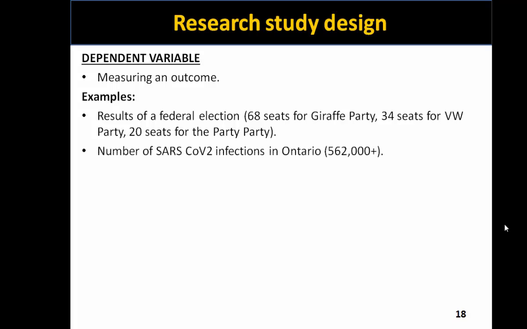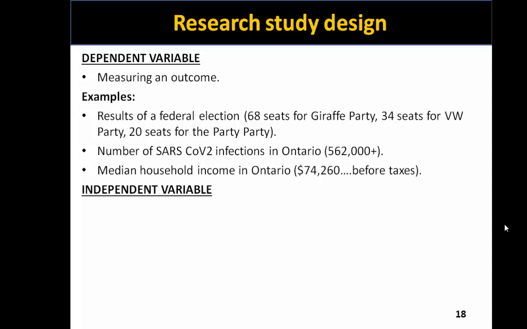The number of SARS-CoV-2 infections in Ontario during the present pandemic is over 562,000 cases. So the number there is the final number. That is the number of interest that we're after. The median household income in Ontario is approximately $74,000 before taxes. And so that's where the number stops in terms of the information we're trying to gather.